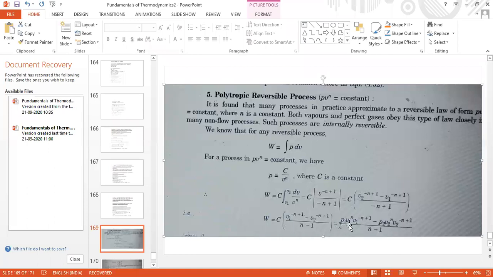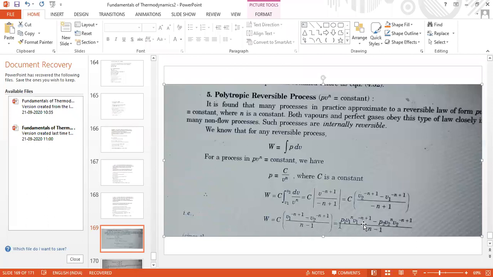Now here it is P1 multiplied by, here V2 has two powers. And what gets cancelled here? You just look at this. Looking at this, what will be cancelled on the numerical powers of V1?